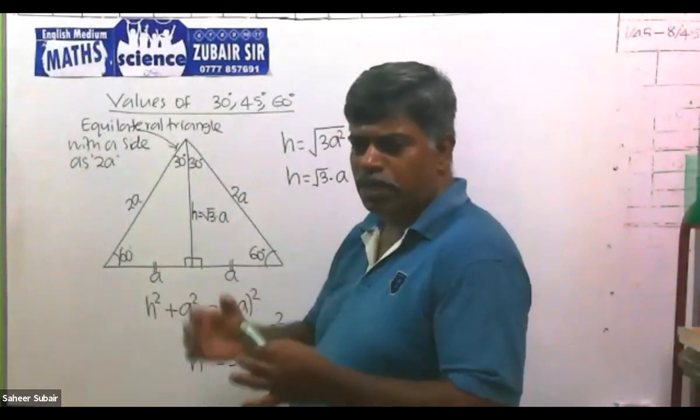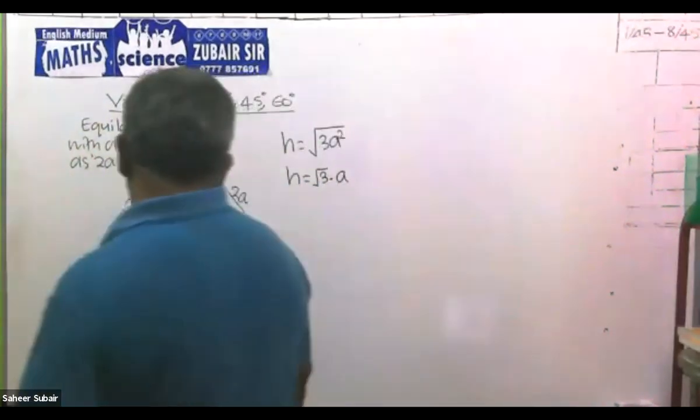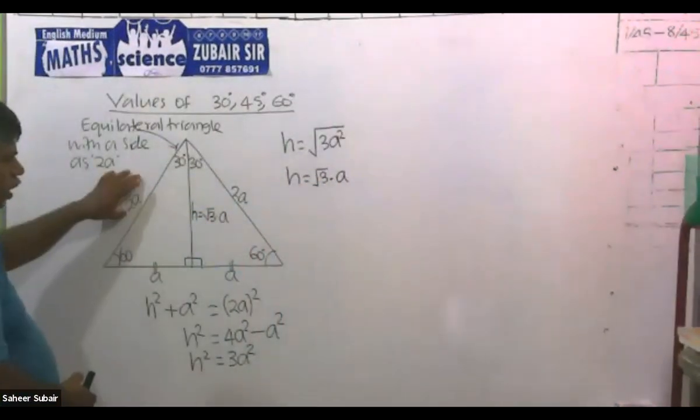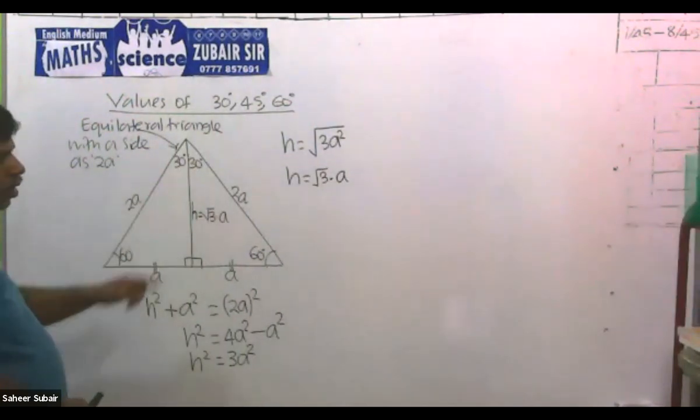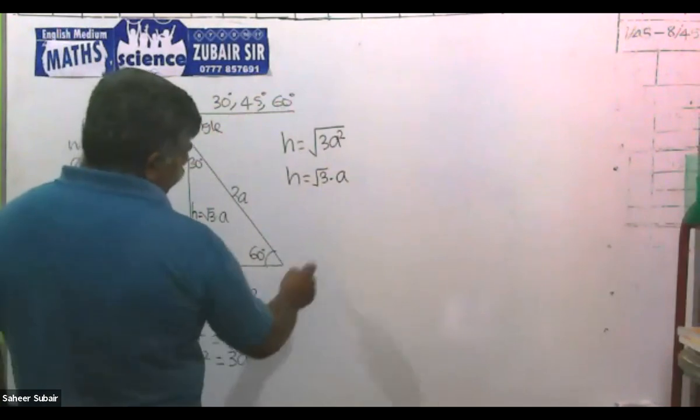Now we know all the sides in terms of A. Here this side is 2A, this side is A, this side is the square root of 3A. Then we can find some ratios.